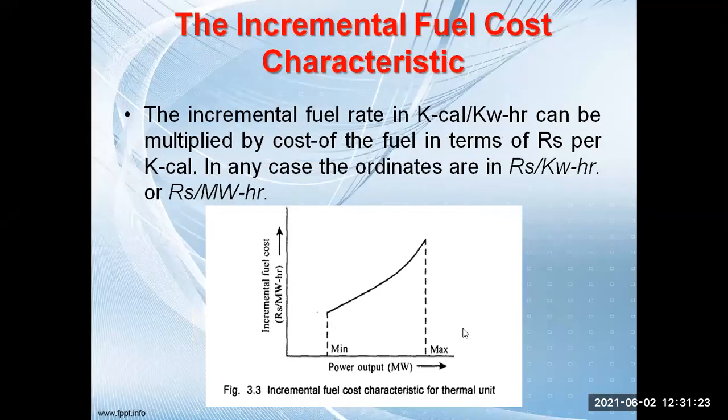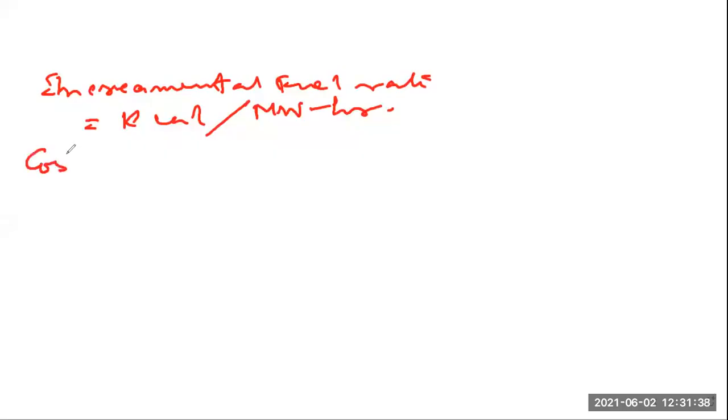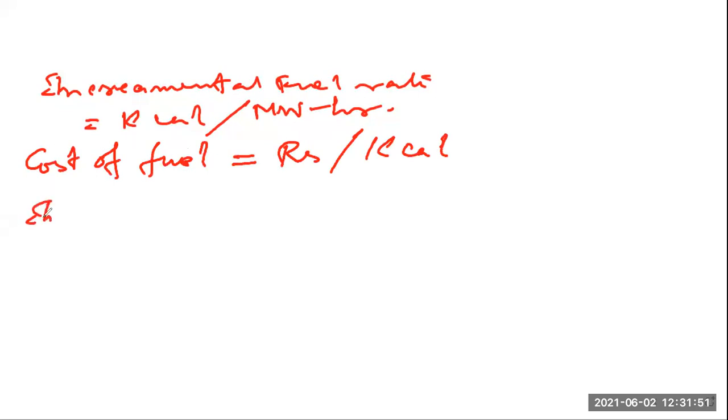Now we need to get the cost. So how to get it? We need to have the cost of the fuel. What is the unit of cost of fuel? It is rupees per kilocalorie. So the incremental fuel cost, that previous one was rate.